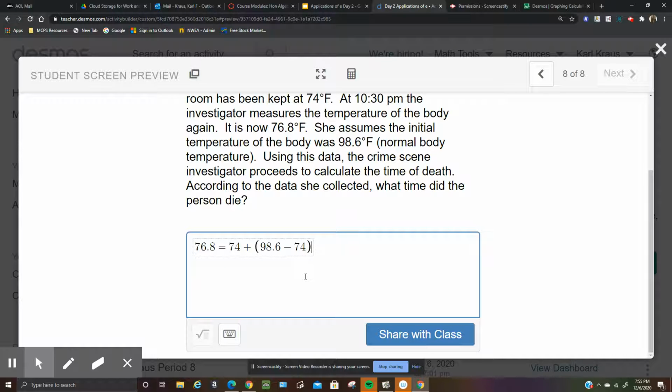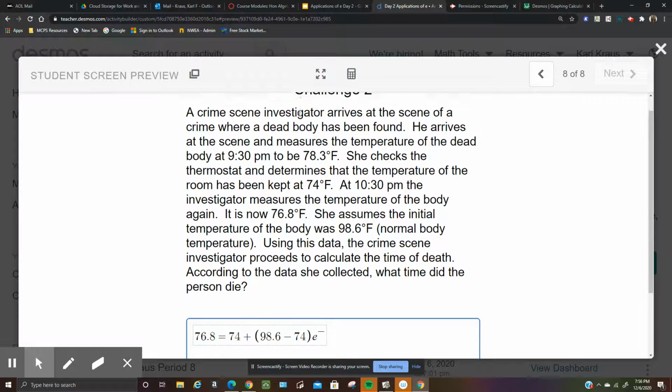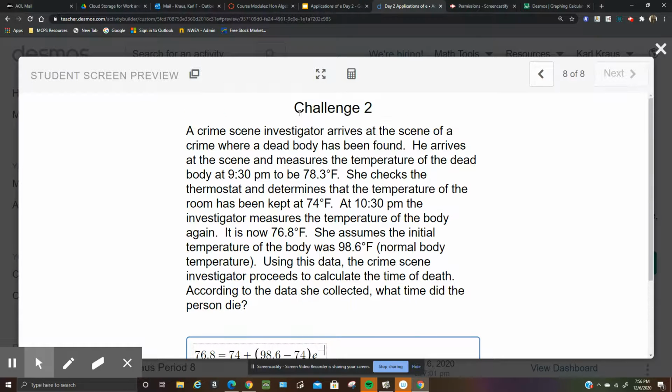Oh, the exponent, and this is probably similar to how they figure out the time of death with body temperature. I don't say what the K value is here.